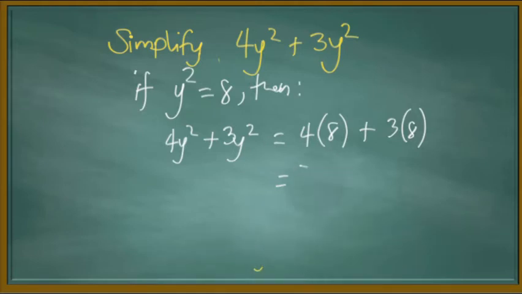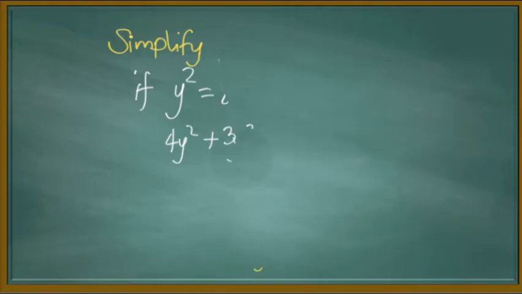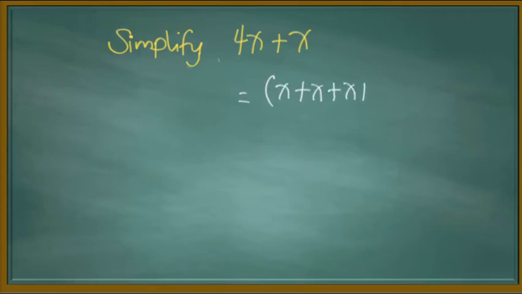Let's do several more. Let's simplify 4x plus x. This would be x plus x plus x plus x. It's 4 x's plus another x. This would of course be 5x.